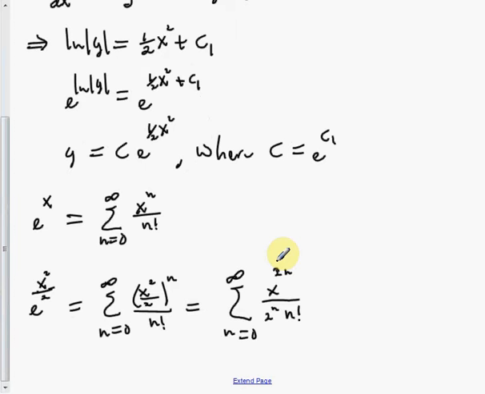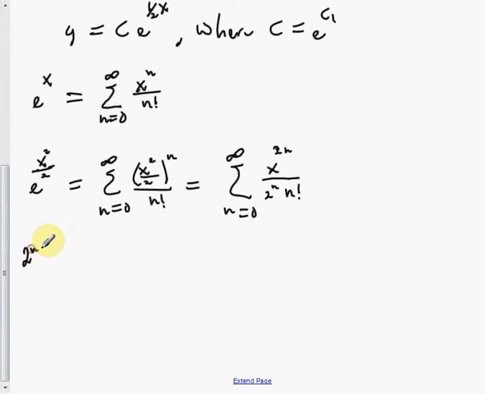Okay. So then the answer that we'll have would be some constant term times that summation, and so that constant term would be that capital C times the power series expression for e to the 1/2 x squared.